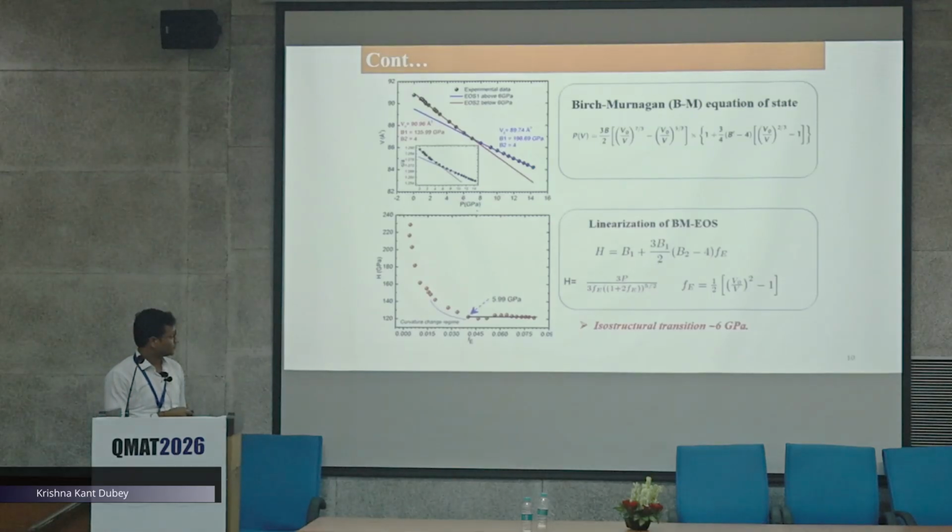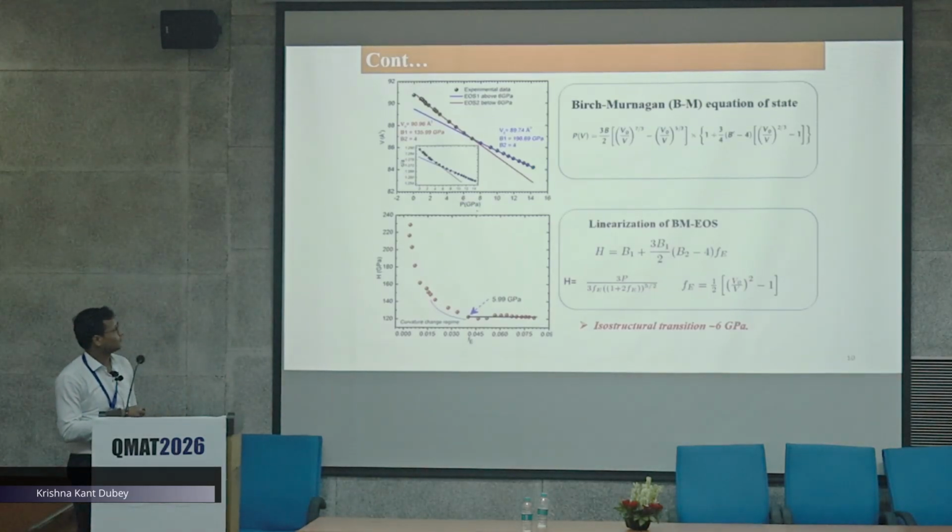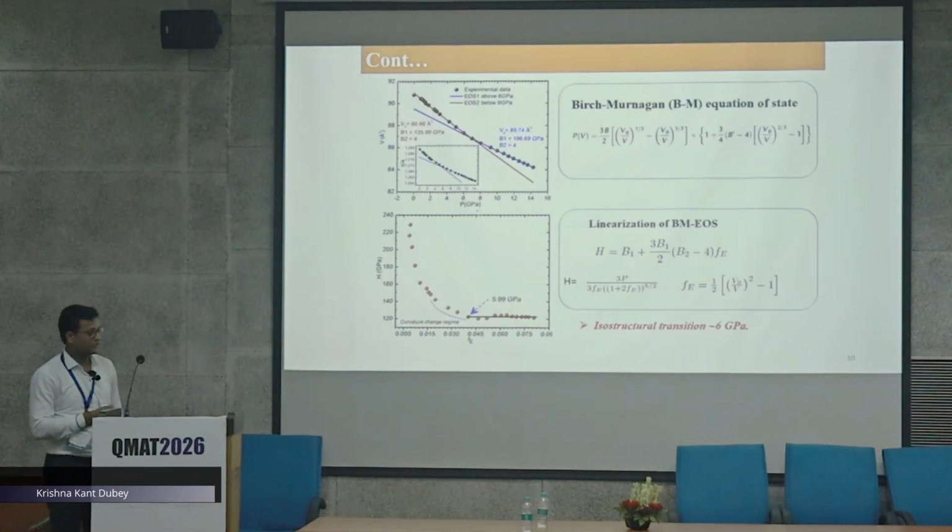To confirm this isostructural phase transition, we used the BM equation of state on the volume as a function of pressure curve, and we found that if we use a single BM equation of state, we cannot fit this curve. So we have to use two BM equations of state to fit the curve, and both curves cross at around 6.23 GPa pressure.